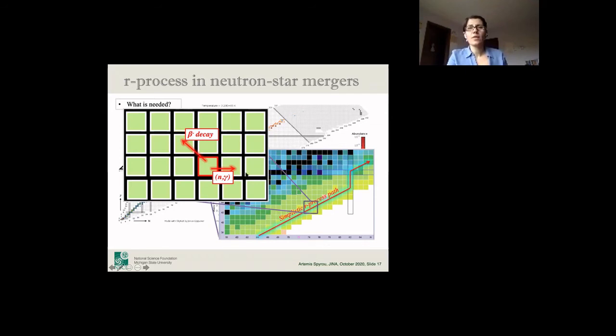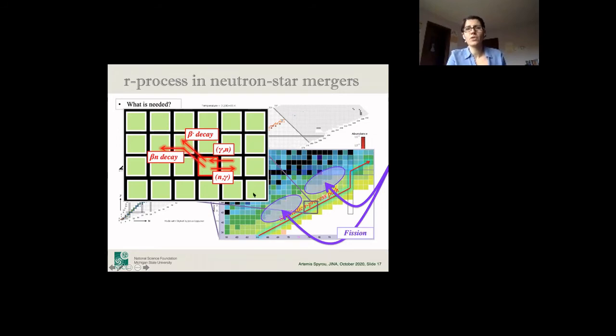And the things that are needed are neutron capture reactions. So what's the probability for a nucleus to capture a neutron? And what we call beta decays, just the nucleus decaying, switching one of its neutrons into a proton. These are the two main things that we need. We need a few other things, but these are the most basic ingredients.